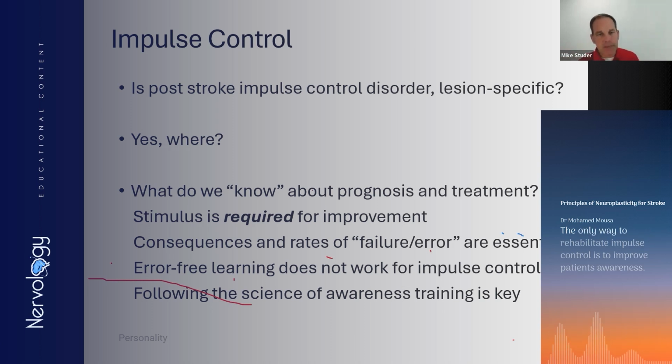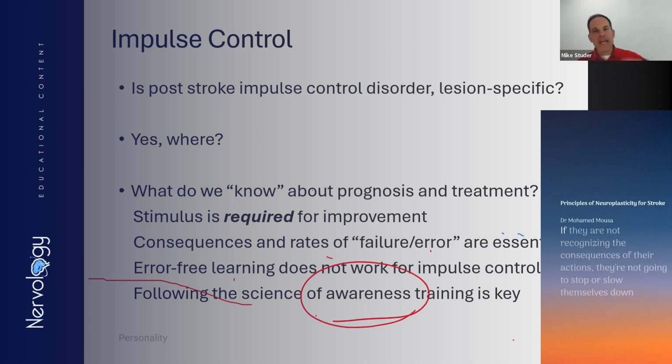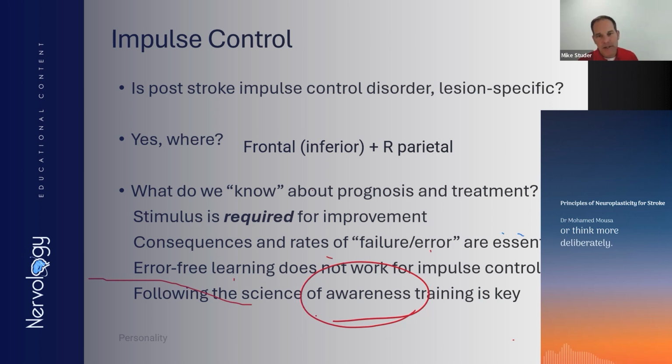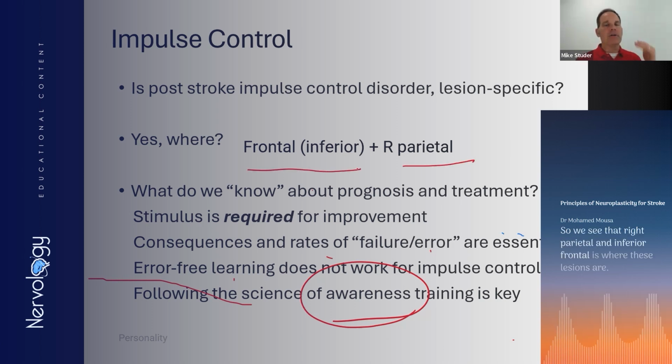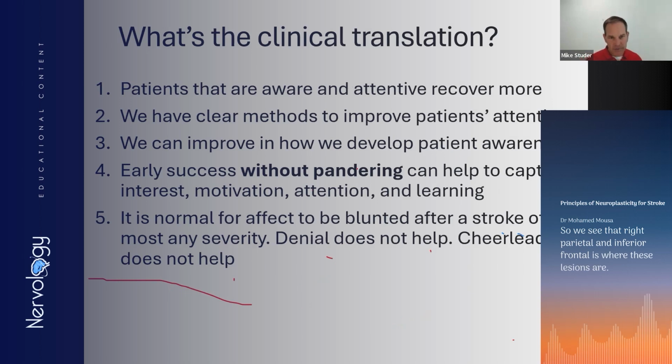The only way to rehabilitate impulse control is to improve patients' awareness. If they are not recognizing the consequences of their actions, they're not going to stop or slow themselves down or think more deliberately. So we see that right parietal and inferior frontal is where these lesions are.